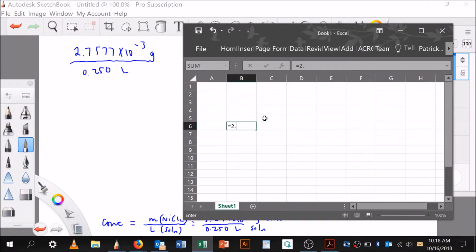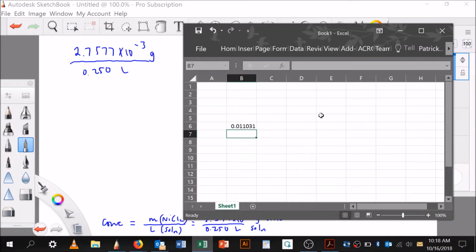Equals 2.7577 times 10 to the minus 3 divided by 0.250 equals 0.01103.